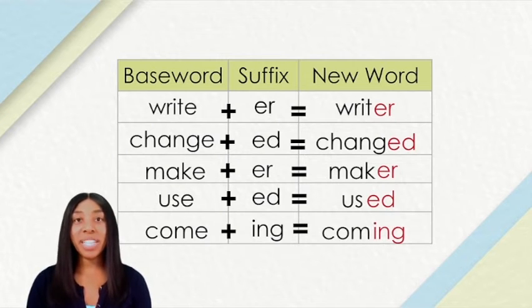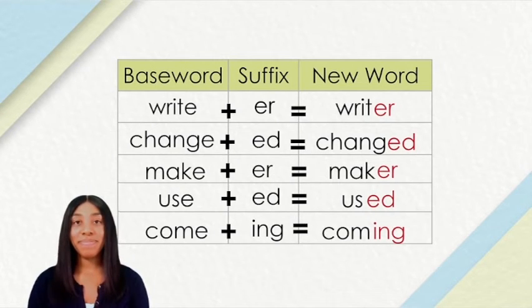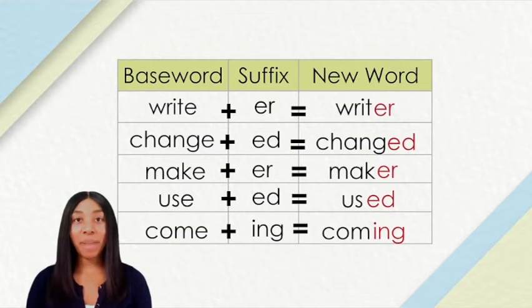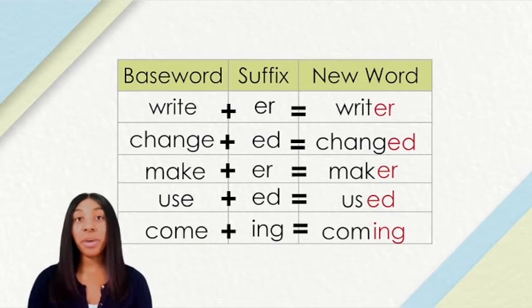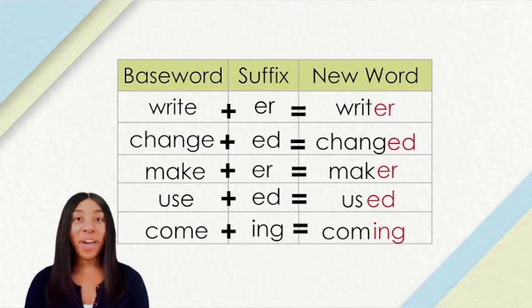And what do we notice about the base word? The E was dropped. Go ahead and write down the word coming on your paper. Nice job with our word building activity. Go ahead and give yourself a pat on the back.